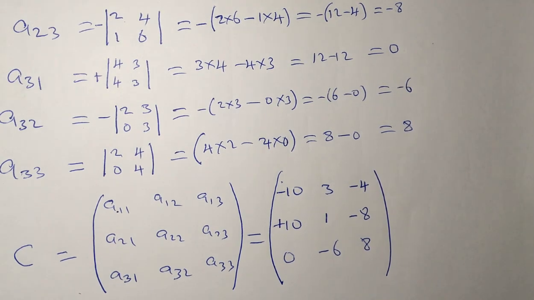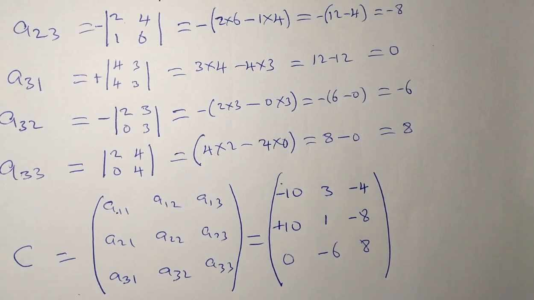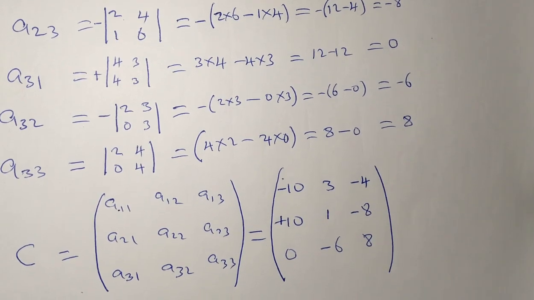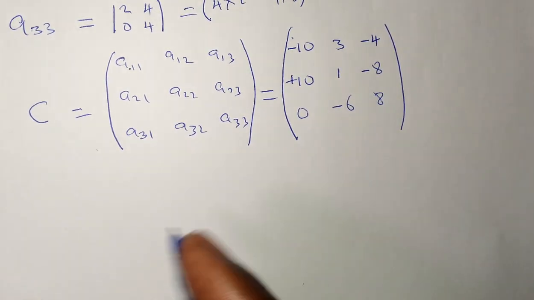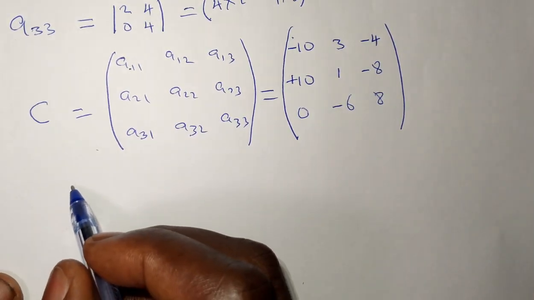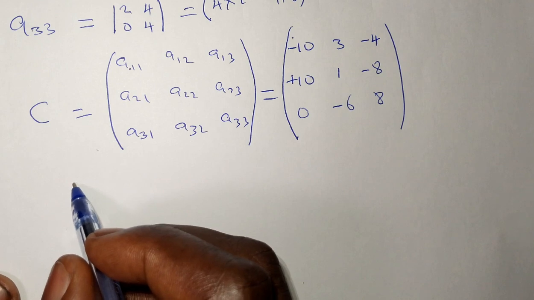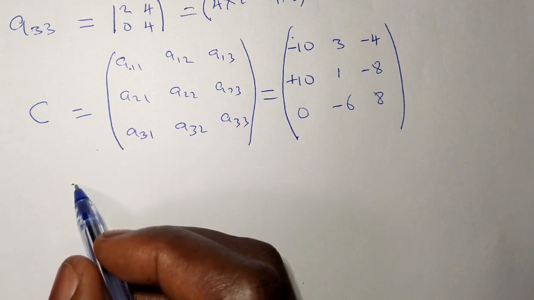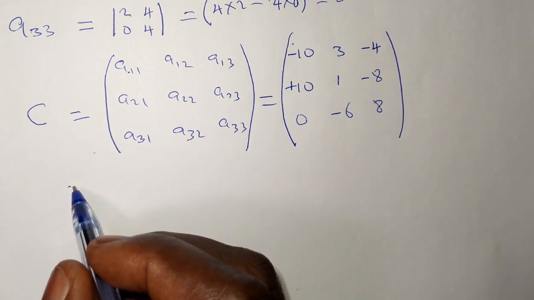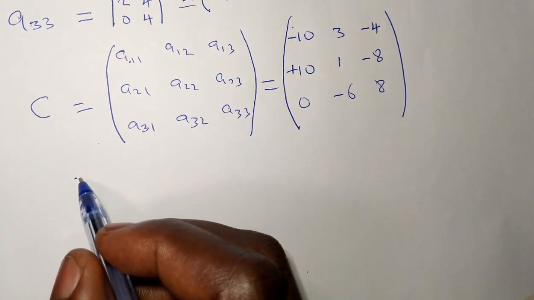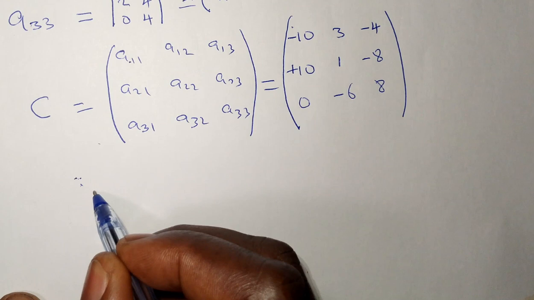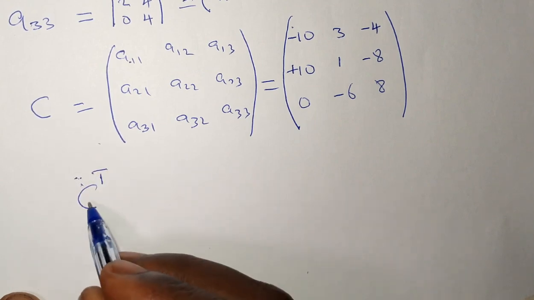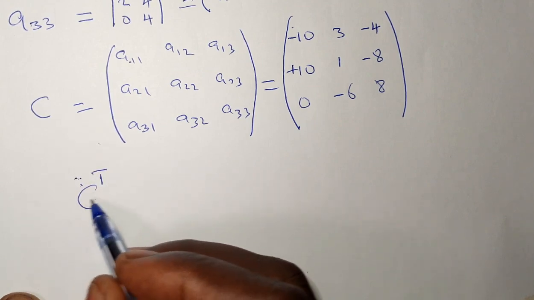And I would like to just explain something here for C. There's what we call the transpose of a matrix, which I just explained in a 2 by 2 matrix. I've never solved problems on it that has to do with a 3 by 3 matrix. So if you want to transpose this C, you have C transpose.